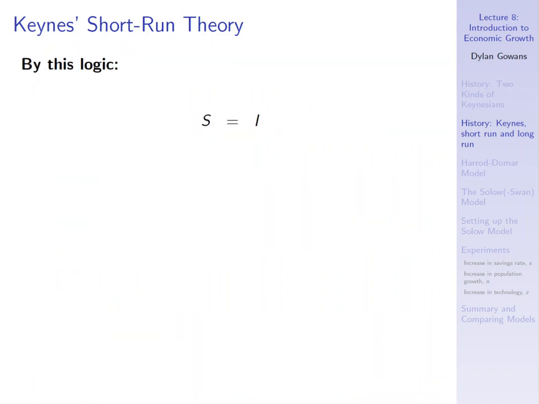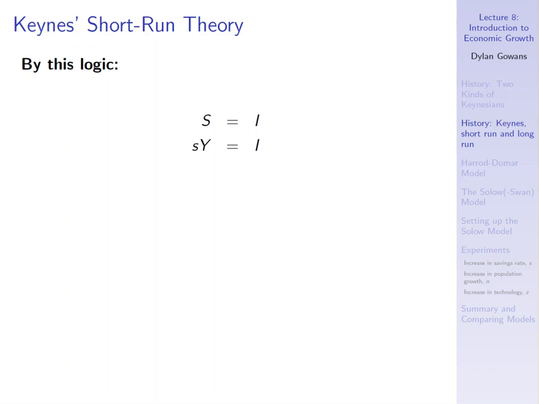So by this logic, once this income flows through the economy, the total amount of savings will just be equal to the amount of investment that was initially injected in.